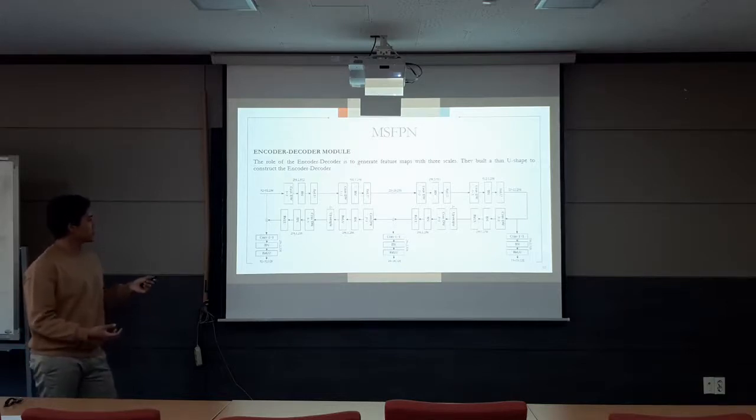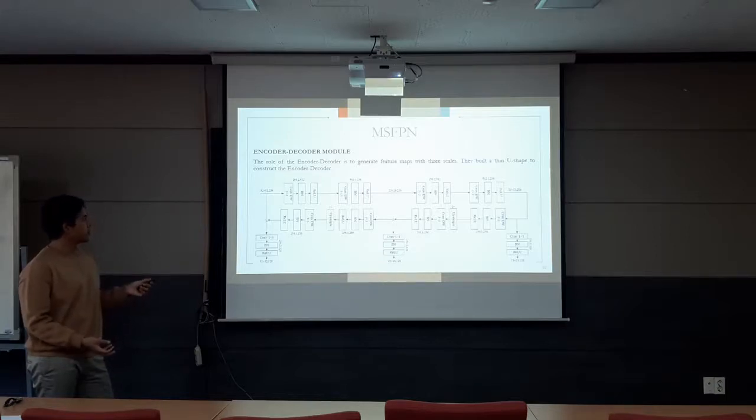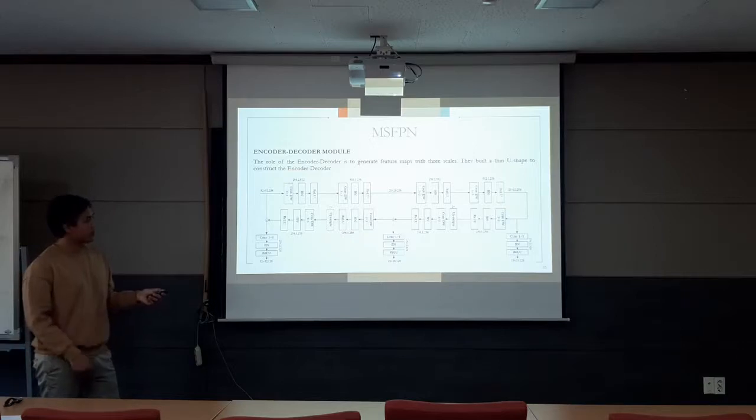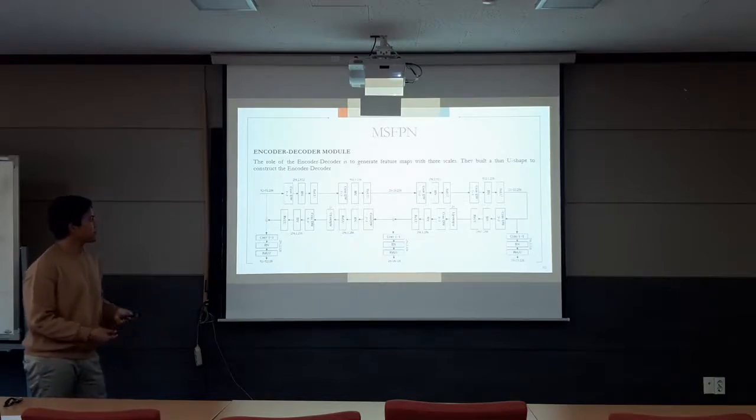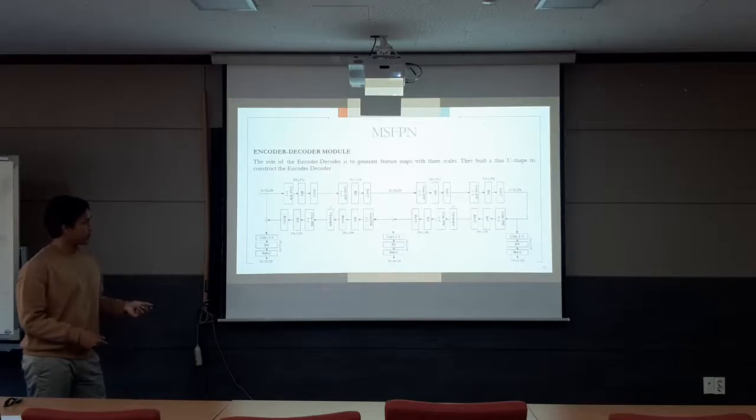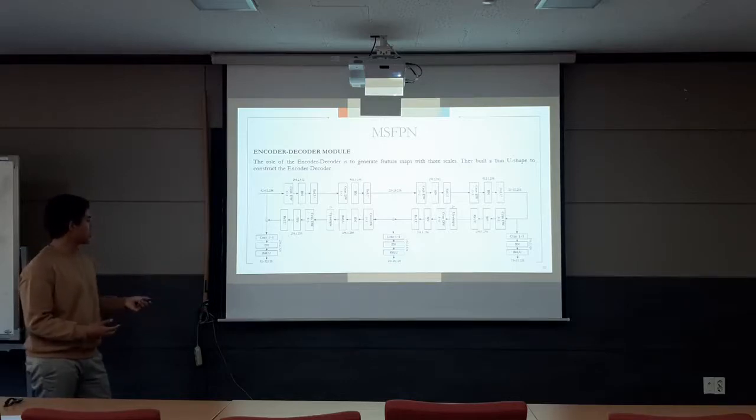In the encoder line, we have a 3 by 3 convolution and then downsample the feature maps. When it comes to the decoder, of course, we upsample, and also use a 3 by 3 convolution layer. The generated sample then goes through a 1 by 1 convolution, and we use batch normalization and ReLU to get the three scale results.